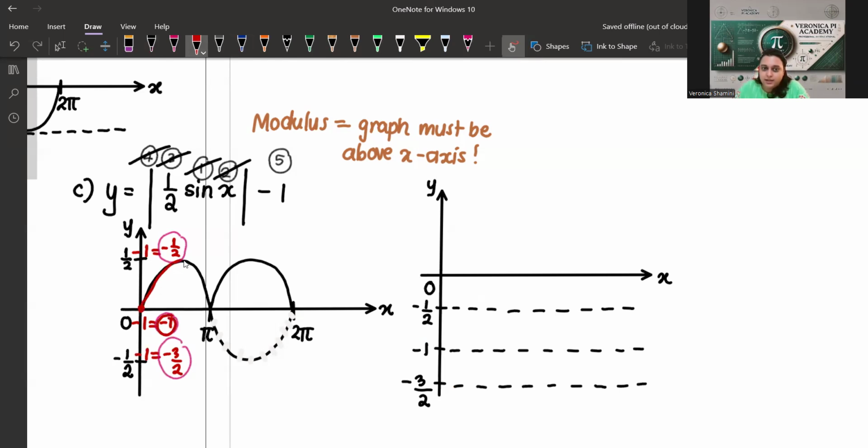Start from negative 1, go to negative 1/2, come back to negative 1, sekali lagi ulang. Okay, so it starts from negative 1, go to negative 1/2, then one more time. From here, sekali lagi. Okay. Stop, right? Okay, settle? Settle.